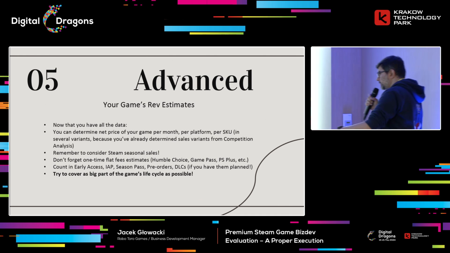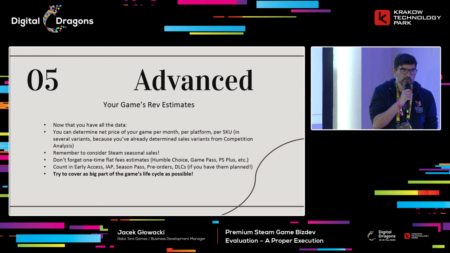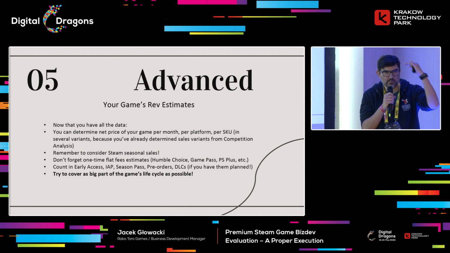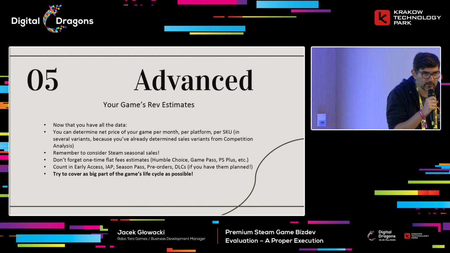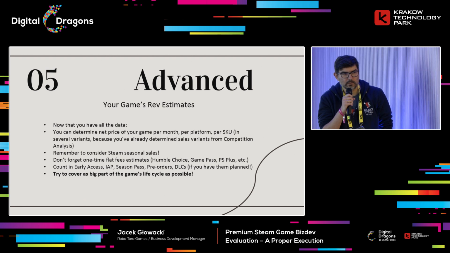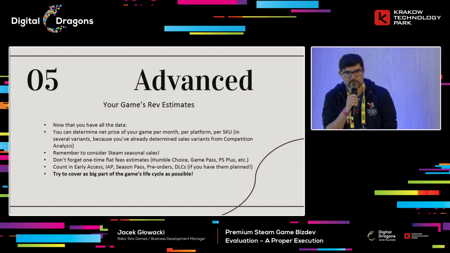We take under consideration all the platforms that we want the game to launch on, and then we just go with table after table, column after column, month per month. We take under consideration everything. We take under consideration Steam seasonal sales, because those are the most natural moments when we can count on sales peaks, right?